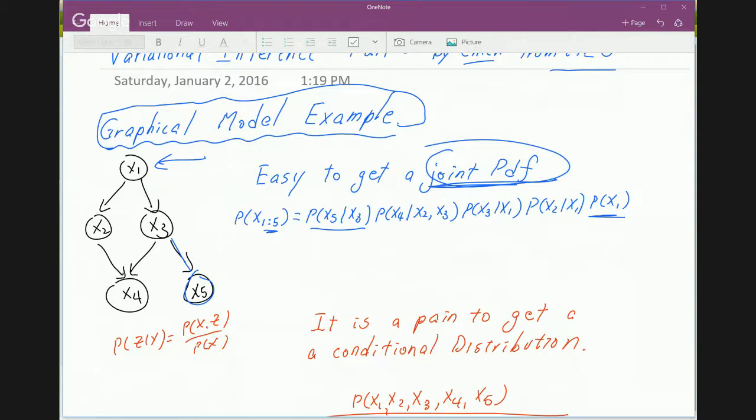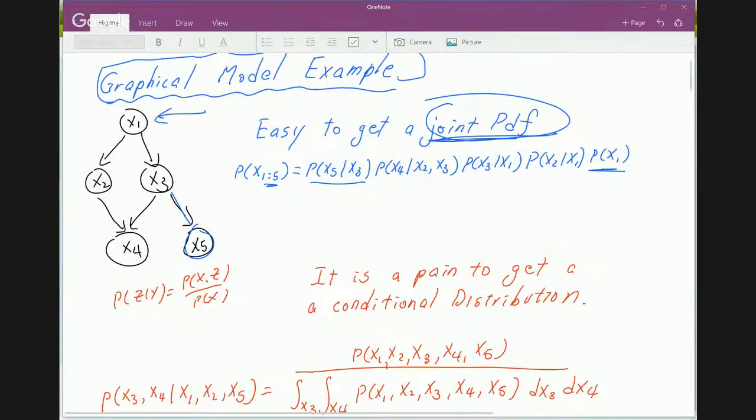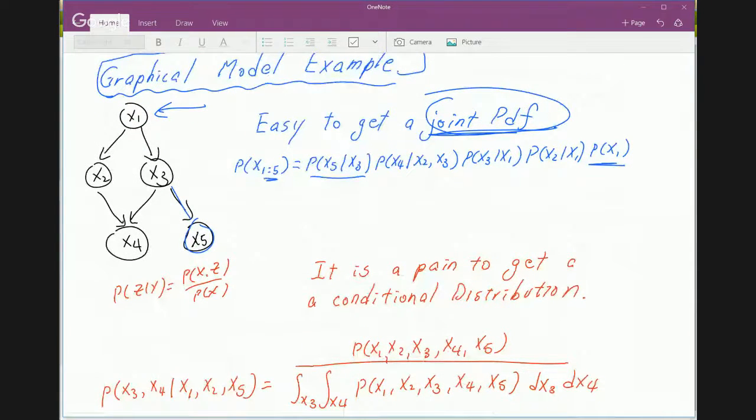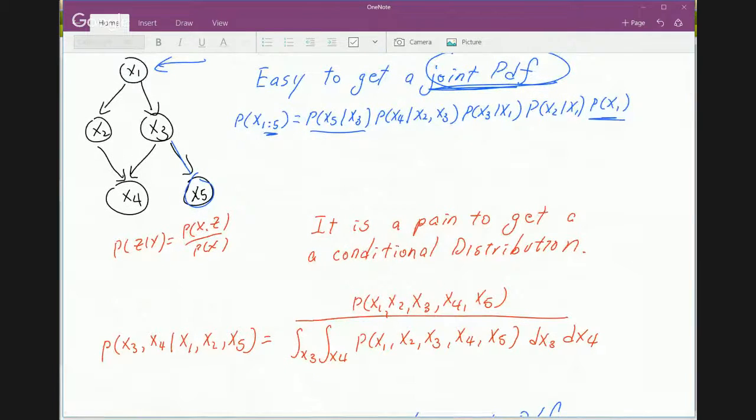However, if we are looking for something different, something like a conditional distribution instead of the joint PDF, we have probability of 3 and 4 given 1 and 5. Now that is much more complicated because we have the joint, so that's known. We know this already, but then we have to do this integral, which depends on the function.